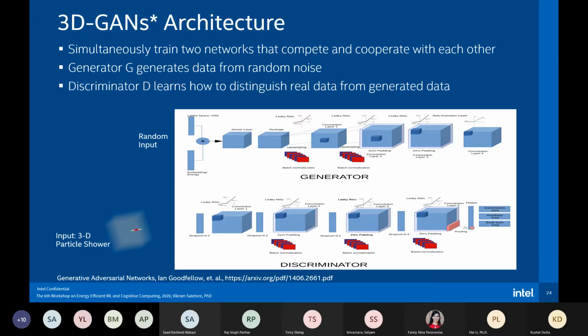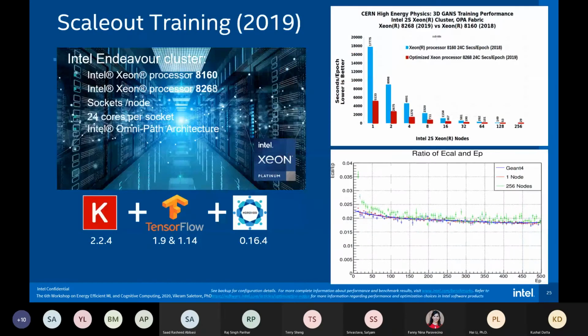The discriminator has the real images, in this case the real particle showers that come from simulation, and it trains the generator until they match, so that it can't tell the difference between the fake and the real. This is our work from last year, and the reason I'm presenting this is to show you how we get to the inference part of it.